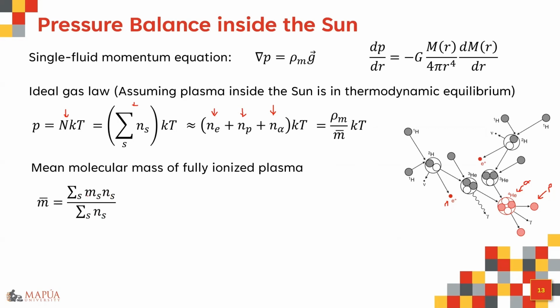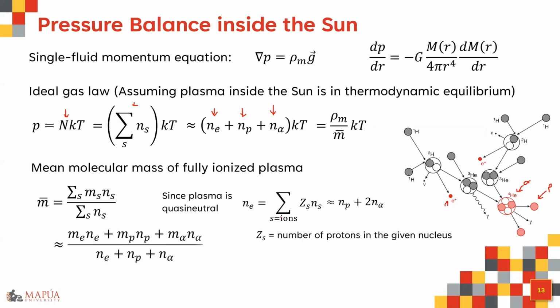Since plasma is quasi-neutral, which we already discussed before, the number of electrons would equal the positive ions, which is approximately equal to n_p plus 2 n_alpha. So this is the number density of your alpha particles times 2, because there are 2 protons inside an alpha particle, and then you have one alpha particle. So this is approximately equal to this.